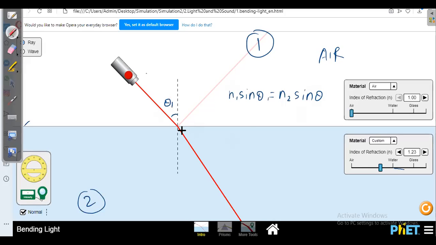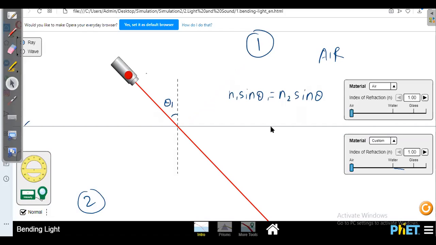Now, when I use air, what is happening? Nothing is happening, simply the wave is going. That means when I'm using air, n1 is equal to n2. When n1 is equal to n2, definitely sine theta 1 has to be equal to sine theta 2.